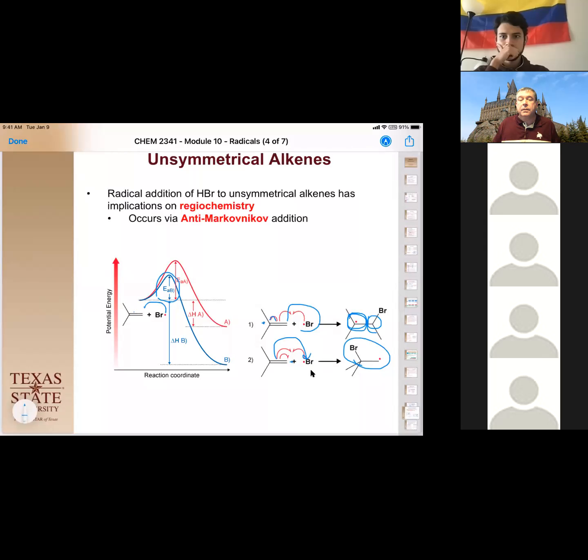Because remember, when we were adding HBr across the double bond, the hydrogen went to the least substituted side, so it could form the more stable carbocation. Here, the bromine's coming in first, and we're forming this more stable radical. So our more stable intermediate is the driving force for this. And because bromine is coming in first, bromine's the one that's going to add to that least substituted side, giving us our more stable intermediate.